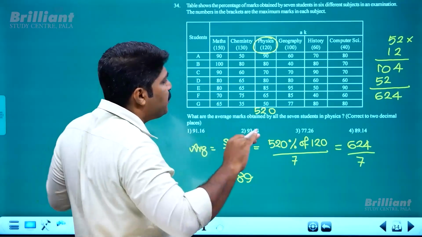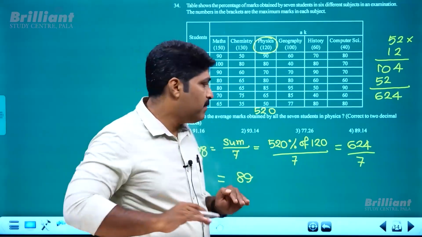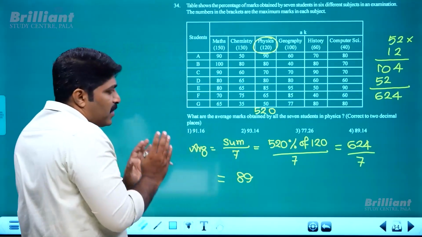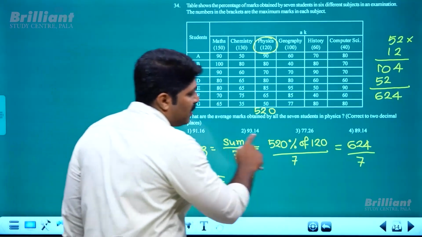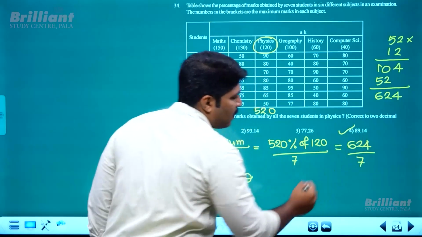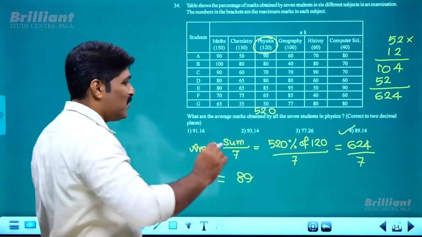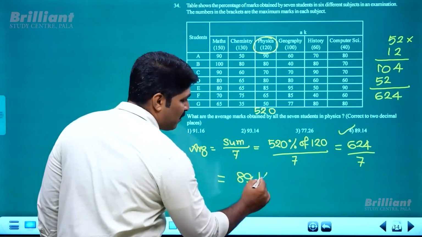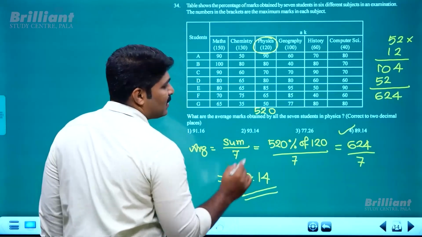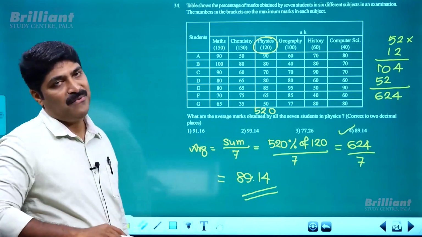So you don't want to waste your time on the steps of operation. Now it's crystal clear that out of these 4 options, this is the only suitable value, as none of the other options fit. So you don't want to waste your time on further steps of operations. This is approximately 89.14.